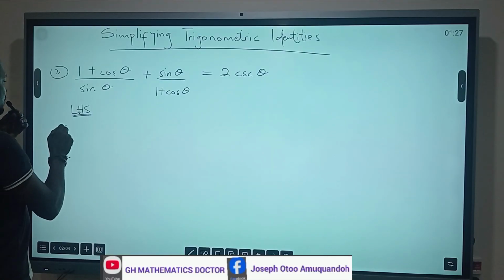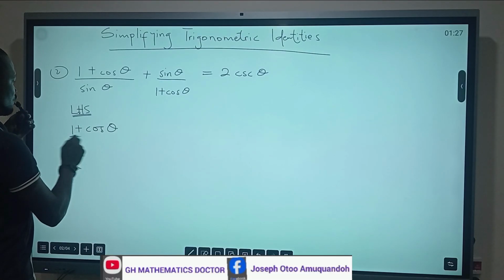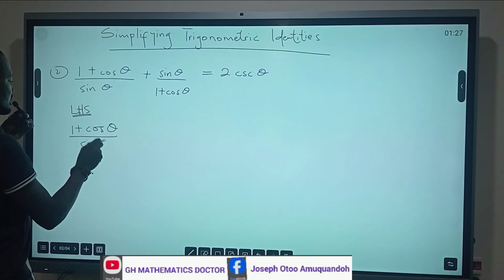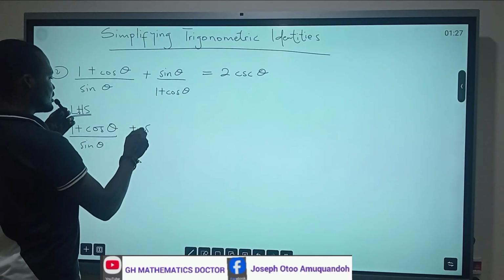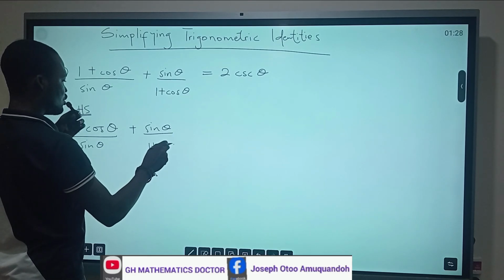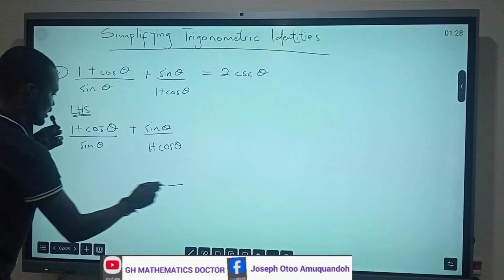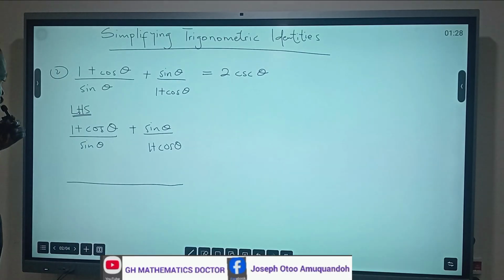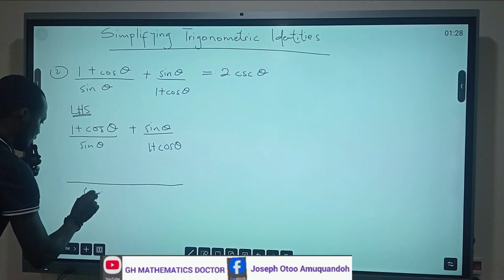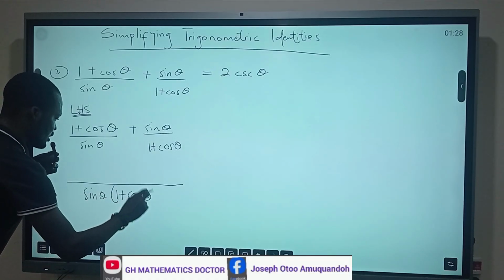We have 1 plus cos theta over sine theta plus sine theta over 1 plus cos theta. In this state, we are going to find our common LCM, that is sine theta times 1 plus cos theta.